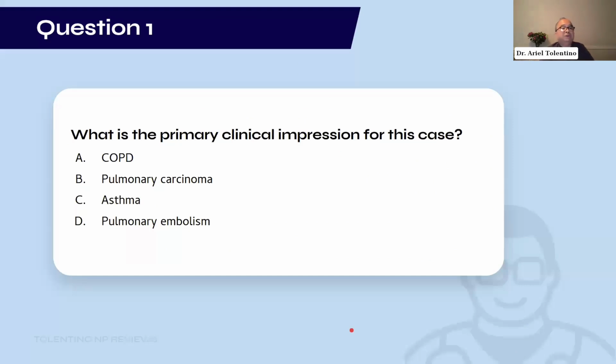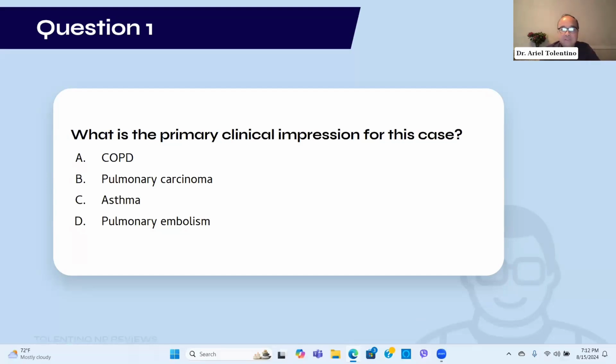Let's go to the first question. What is the primary clinical impression for this case? So let's have the poll right now. Let's pull up the poll. Okay, please feel free to answer, and we'll give you about 30 seconds.